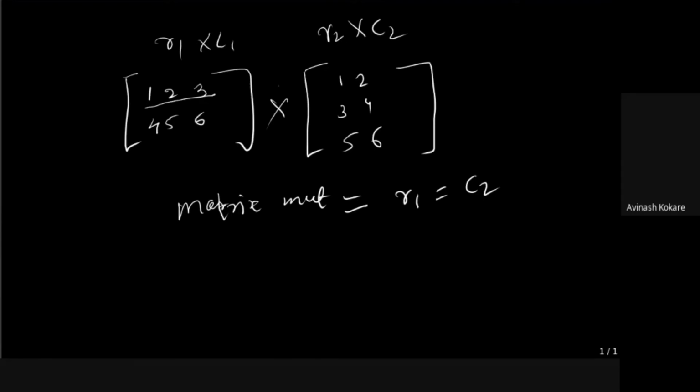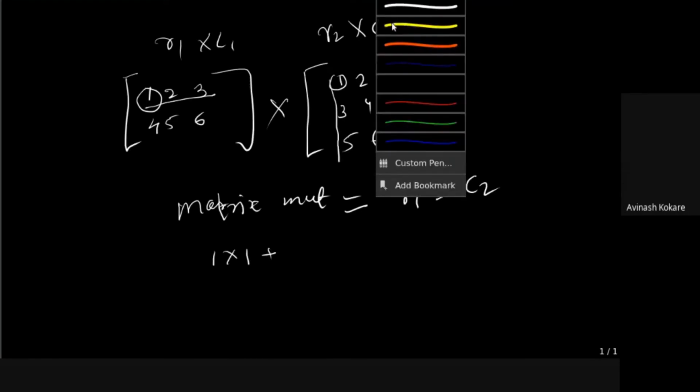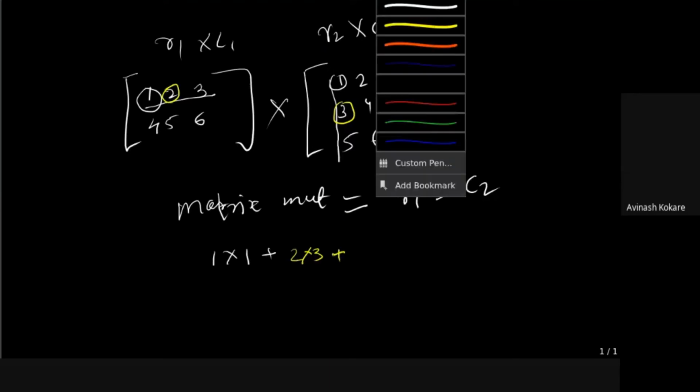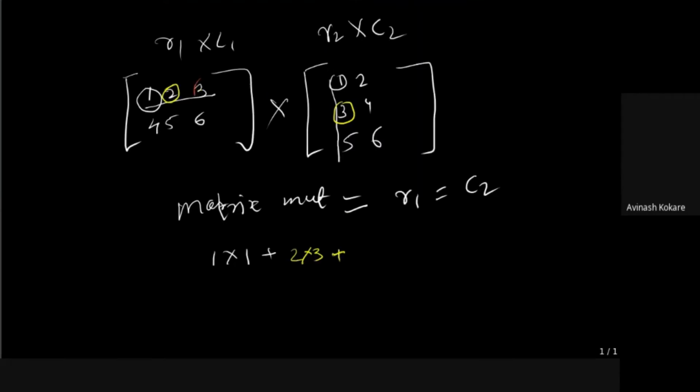Now how do we multiply these matrices? This 1, 2, 3 is multiplied with this column. So this 1 gets multiplied with this 1: 1 into 1, plus, then 2 gets multiplied with this 3: 2 into 3, plus, then 3 gets multiplied with this 5: 3 into 5.